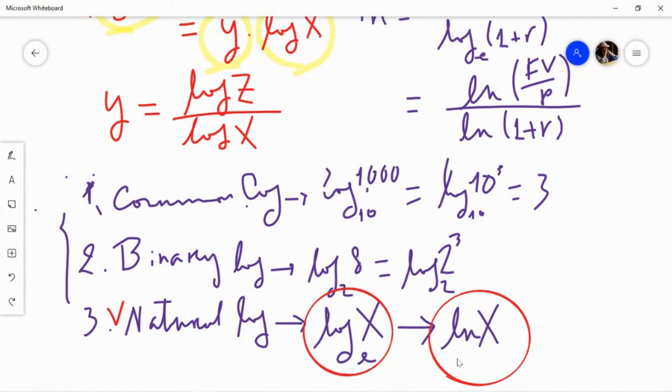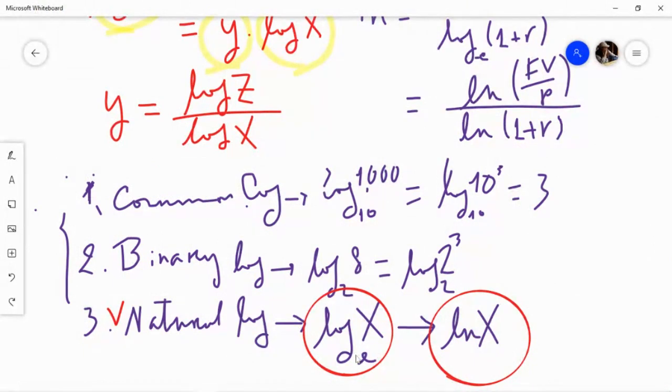Based on the properties of log, we can solve that equation for n.